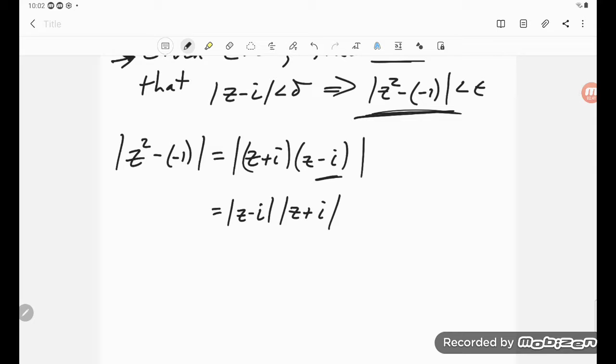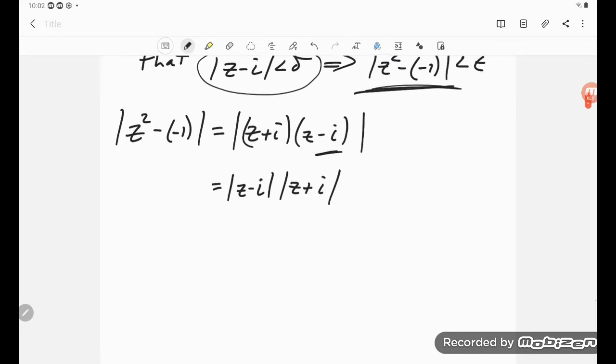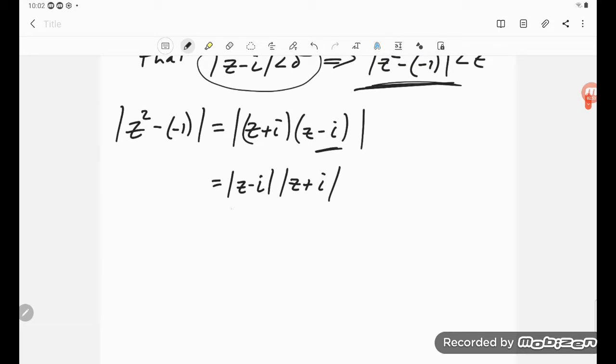Now the key here is, again, notice that I need z minus i to talk about delta. And so I'm going to make sure that I make z minus i less than delta. But then I still have this z plus i.